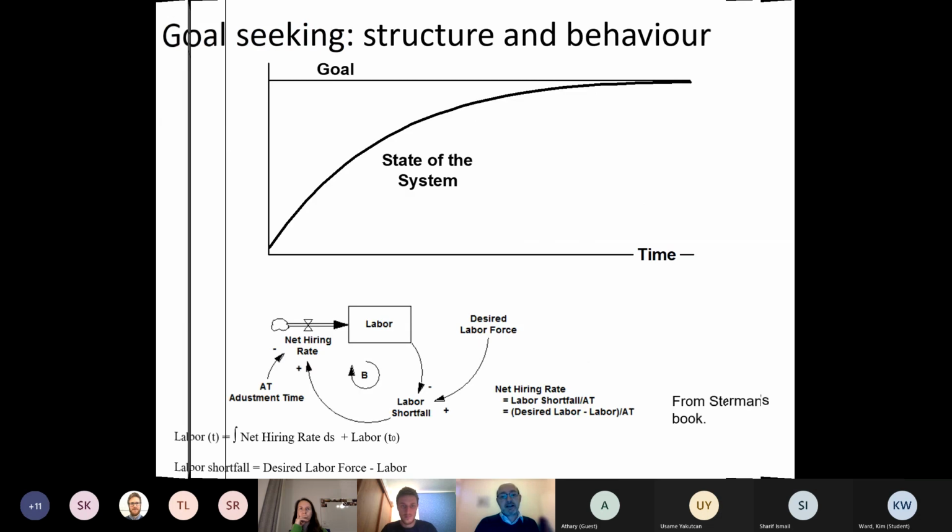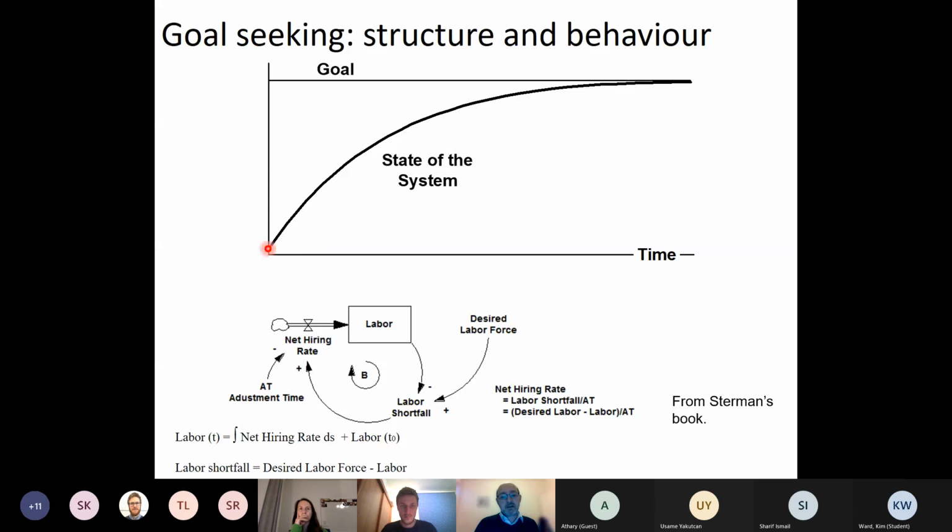So you can see that the flow, the net hiring rate, will be smaller until the system reaches that goal. In exponential growth, the flow will tend to be larger because it's not constrained. The larger the state of the system, the larger the flow. In this case, the closer the state of the system is to the goal, the smaller the rate of change, until you get an equilibrium.